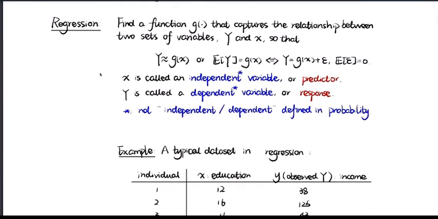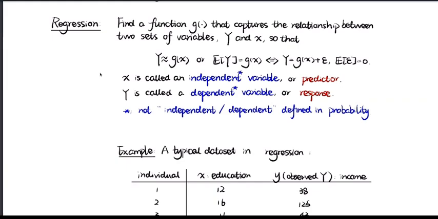If I really want to investigate that relationship, then I need a function that will give us that relationship. We are searching for a function that will give us that relationship.